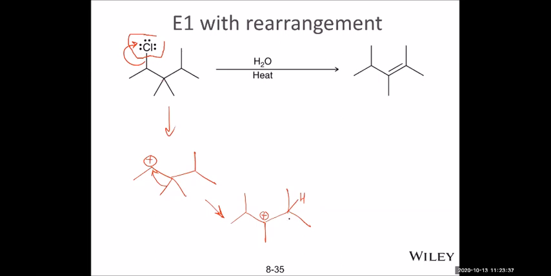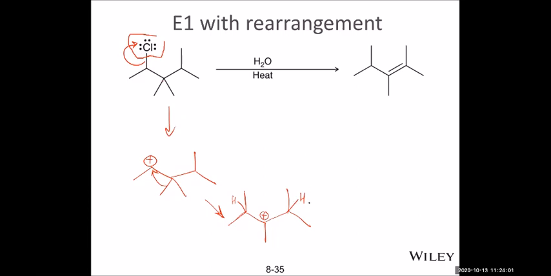By the way, with this carbocation you get two isopropyl groups, and each one has one beta hydrogen. So the reaction can go either way. It doesn't matter; whichever hydrogen is lost, you get the same product.